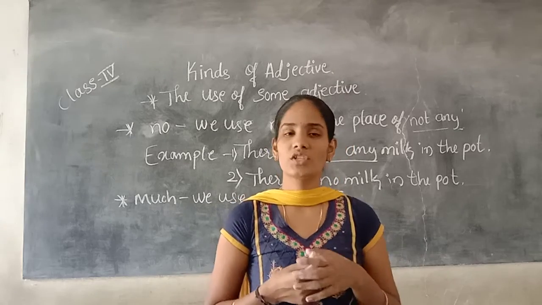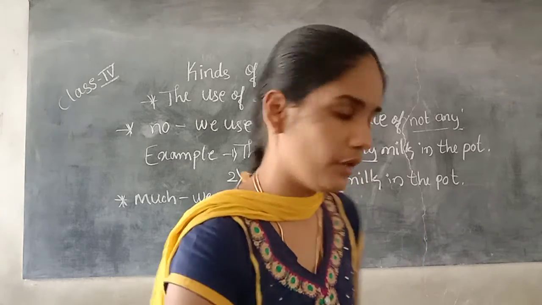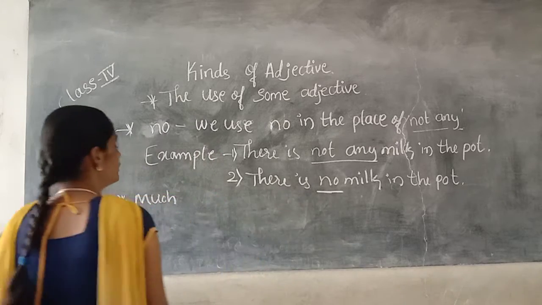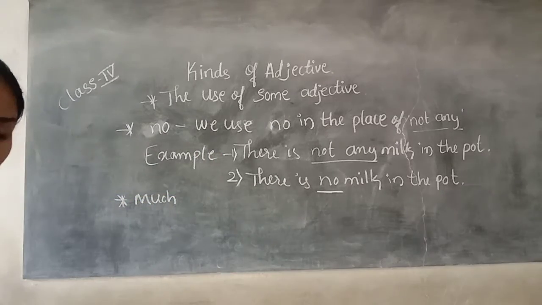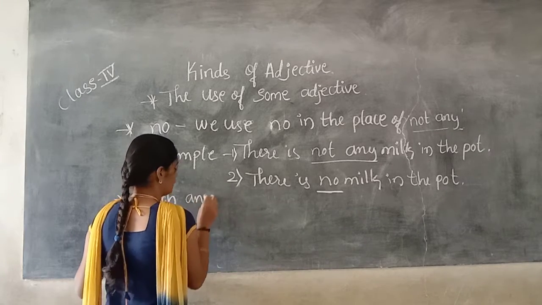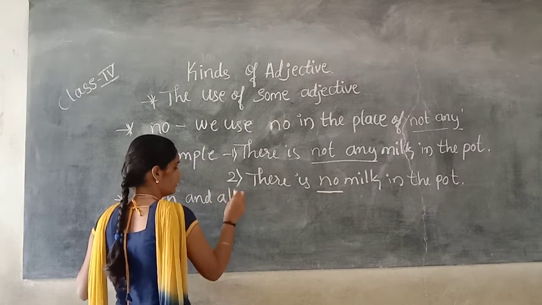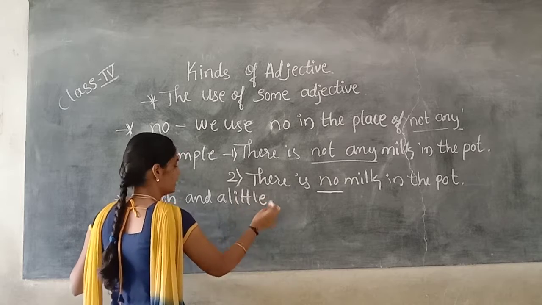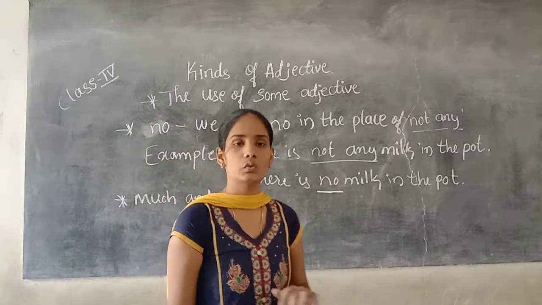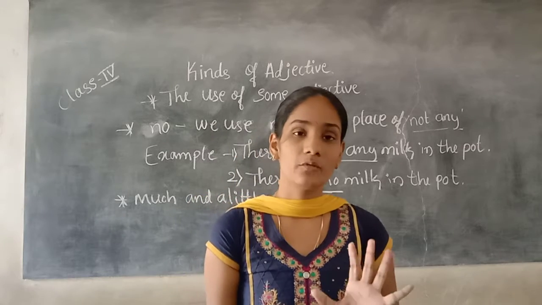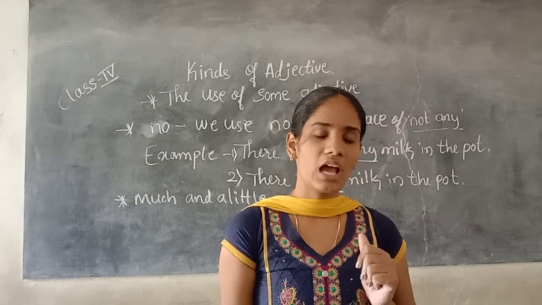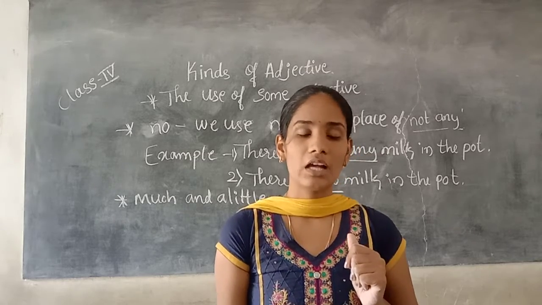So we know which are uncountable nouns. The nouns which are not able to be counted are known as uncountable. So much and a little, these two words we use with uncountable nouns.